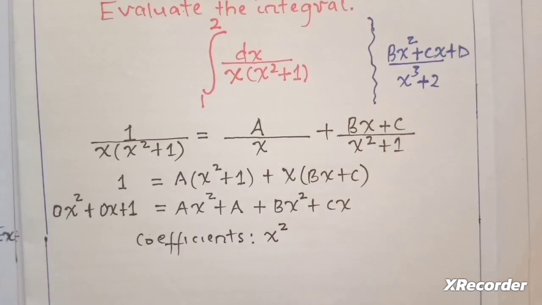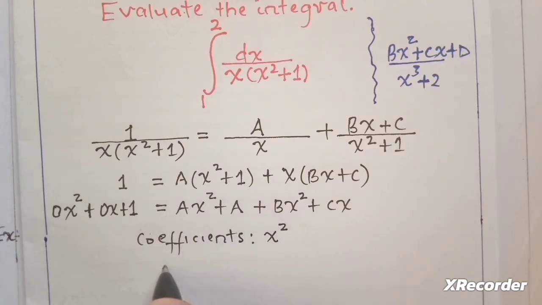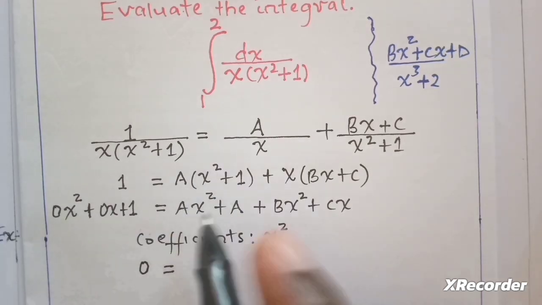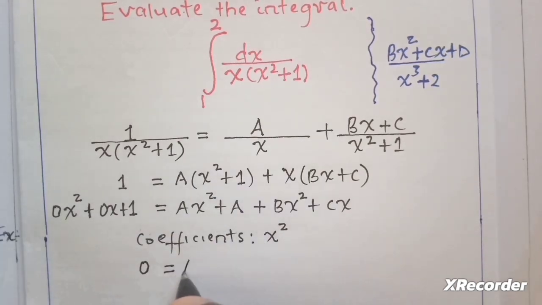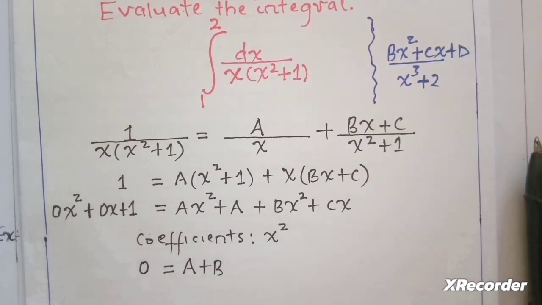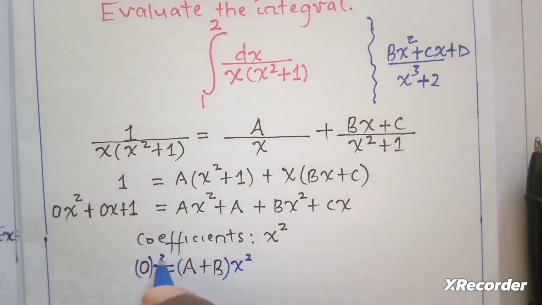For this side we have 0 coefficient of x squared. For this side we'll have a plus b, because a plus b has x squared there, and this one we also have x squared.